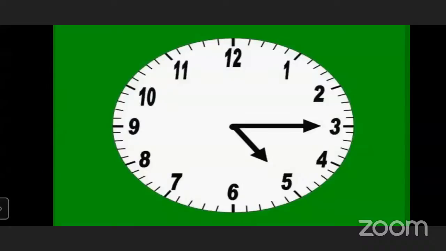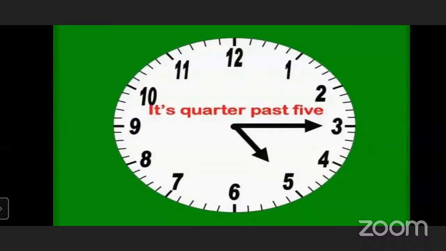It's 15 past 5. It's a quarter past 5. Yes, because we have divided our clock into 4 quarters. So that's why we use quarter and half. Okay.